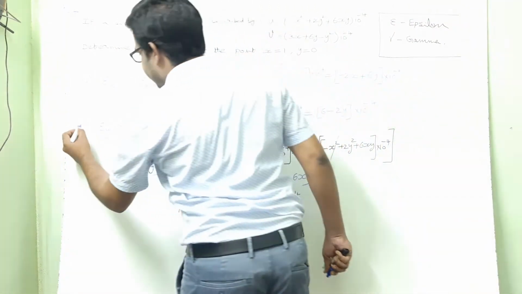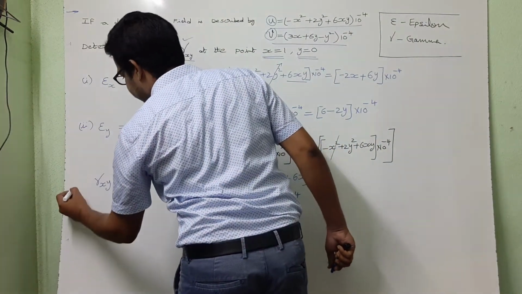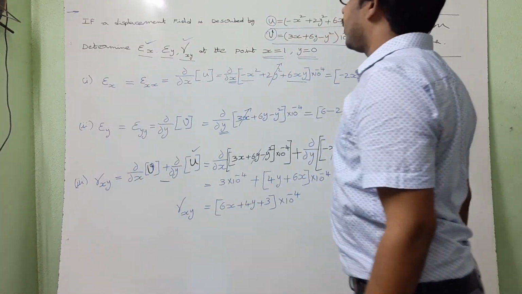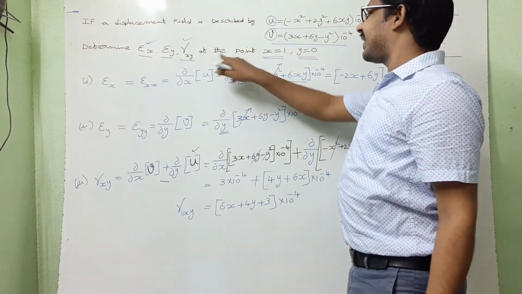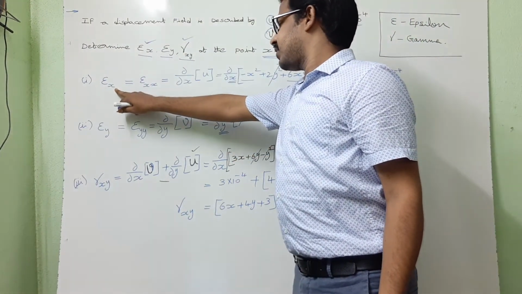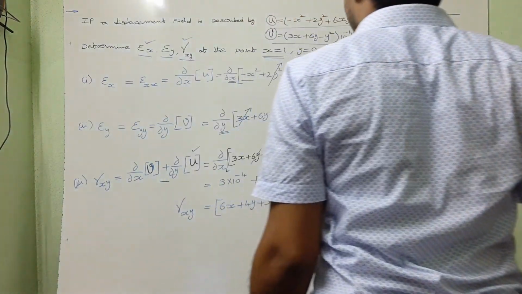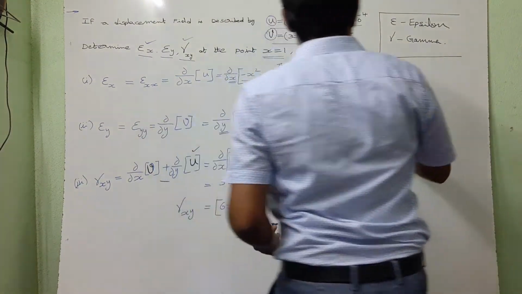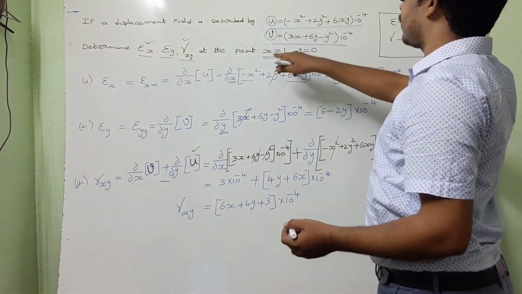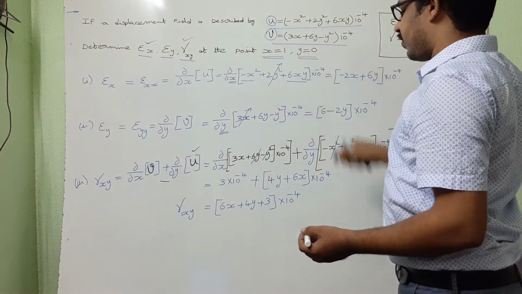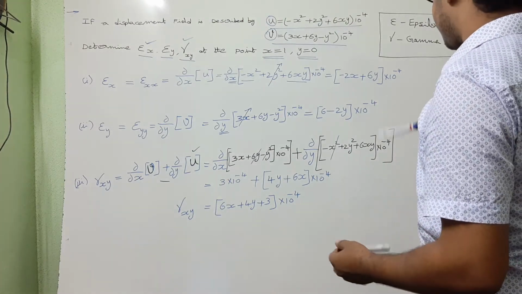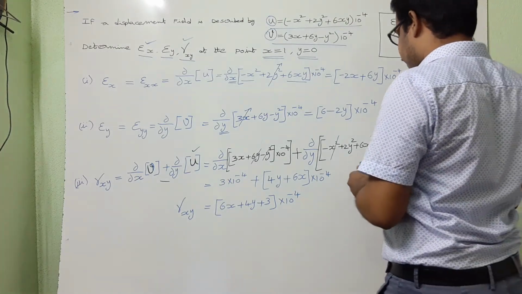This is the second one, and third one. So we need to substitute at the point x equal to 1. So here epsilon x is equal to this value, epsilon y is equal to this value. So we need to substitute x equal to 1 and y equal to 0.